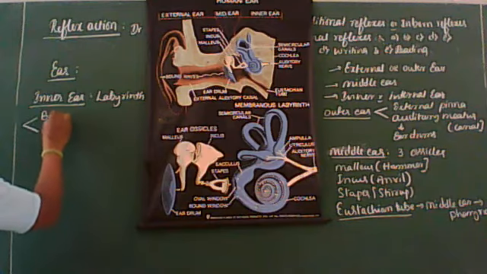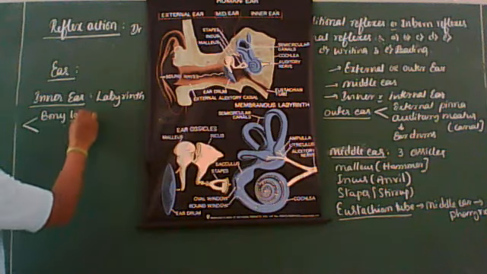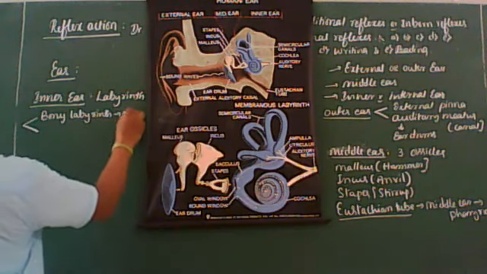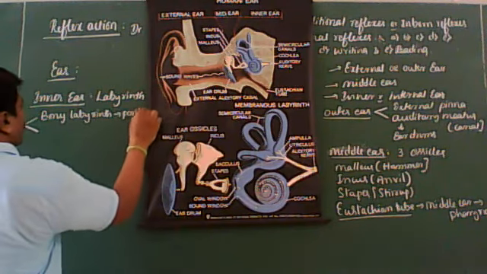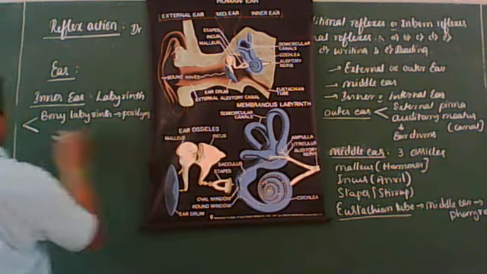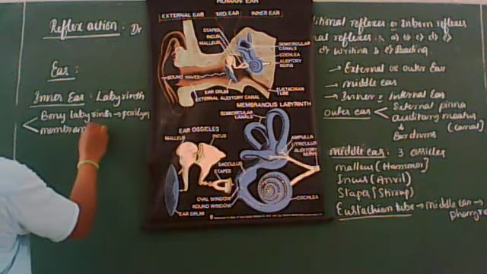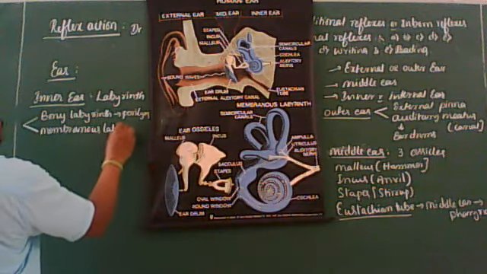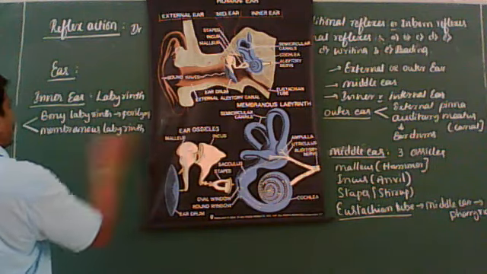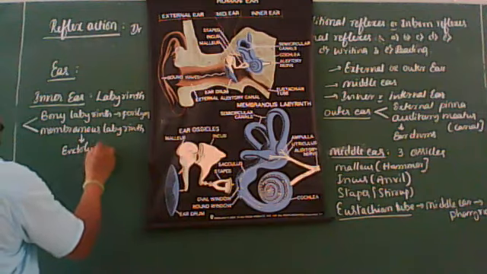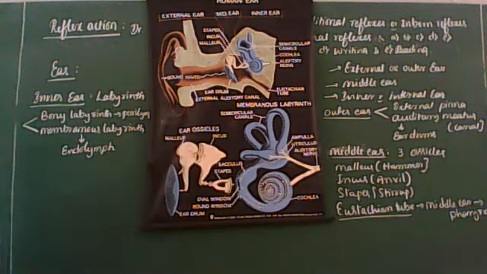They are the bony labyrinth, surrounded by a fluid called perilymph, and the membranous labyrinth, which is filled with a fluid called endolymph.